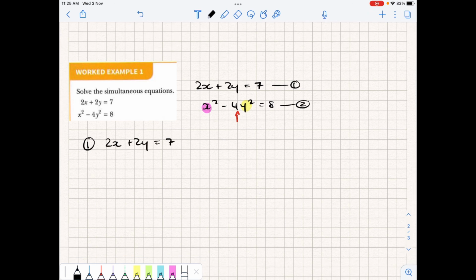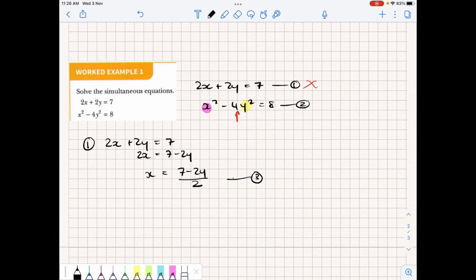I'm going to solve for x. So I'm going to move everything that's not x to the other side and divide through by 2 to solve for x. And I'm going to rename this to equation number 3. So I'm going to no longer be using equation number 1.